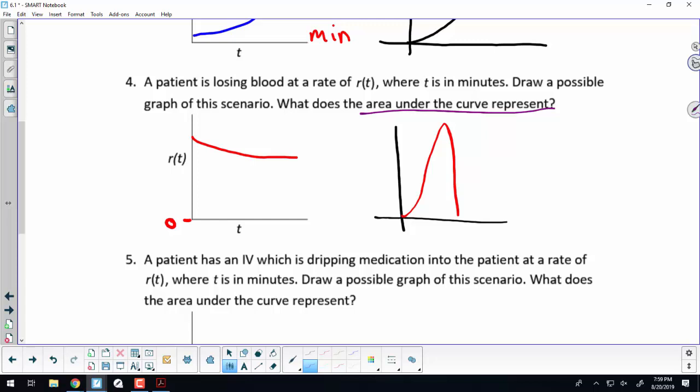Pints? Okay, well, how do you abbreviate pints? Is it PT? Whatever. Sure, it is now. Pints per minute, this is minutes. Again, if we find this area under the curve, then what we're taking are the t units, multiplying them by the R(t) units. Okay, so the amount of blood lost.